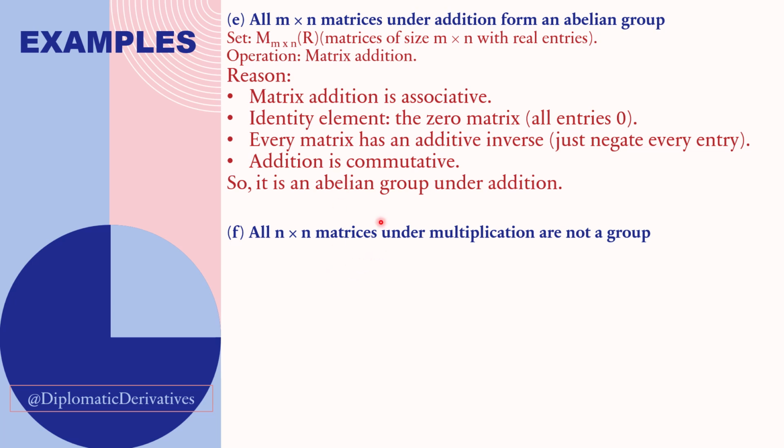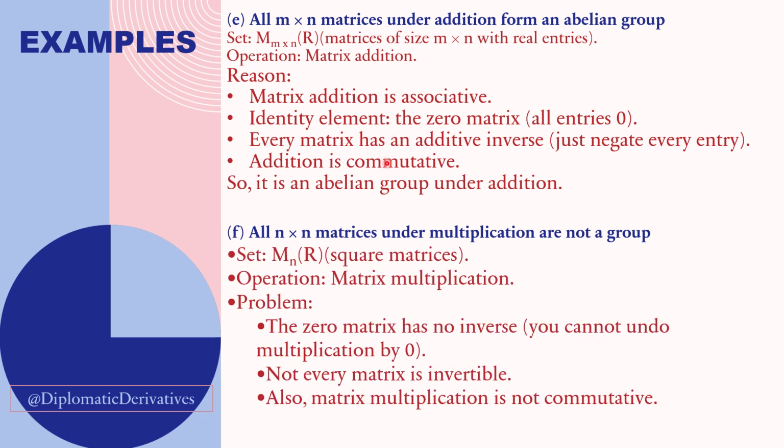Then n by n matrices under multiplication are not a group. It's the same thing as this, but the difference is that matrix multiplication is not commutative. We already studied that AB is not equal to BA, right? Therefore, matrix multiplication is not commutative. So these matrices under multiplication are not abelian groups. They are not a group also because the 0 matrix has no inverse, since 0 is also a part of this.